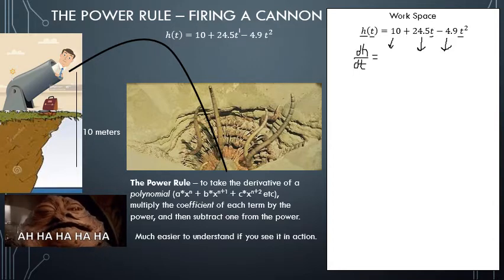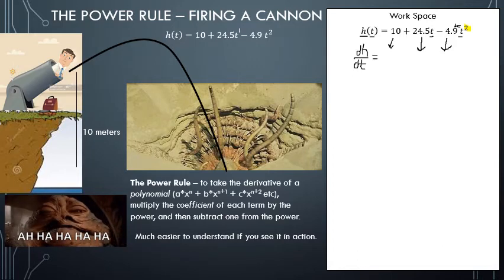So to use the power rule on a term such as this, negative 4.9 t squared, to take the derivative, first you take the exponent. In this case, it's squared, so the exponent is 2. You take the exponent, and you move it in front of the variable, and you multiply.